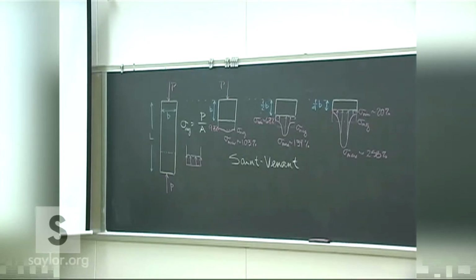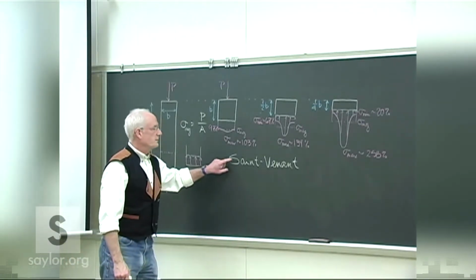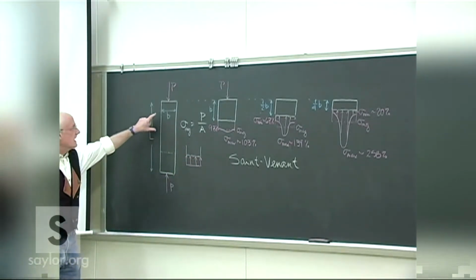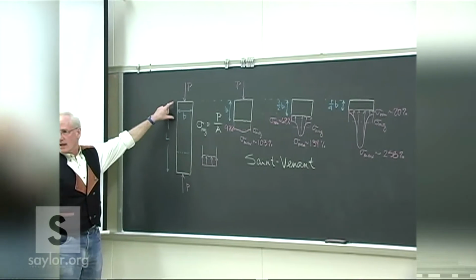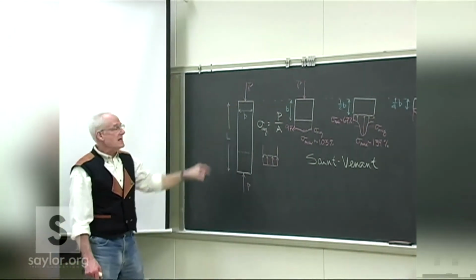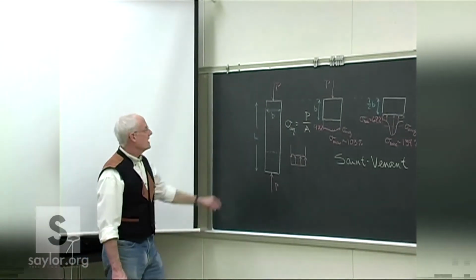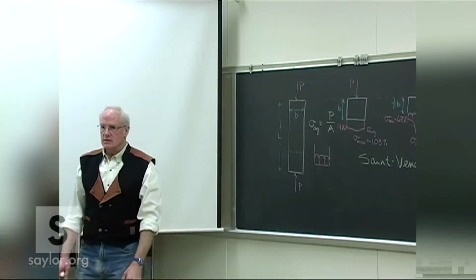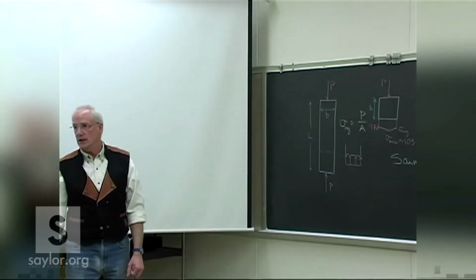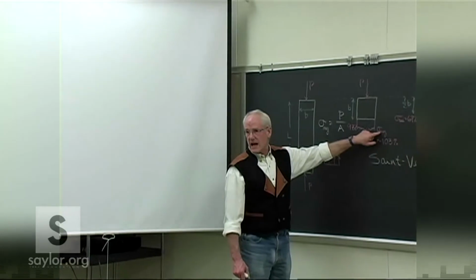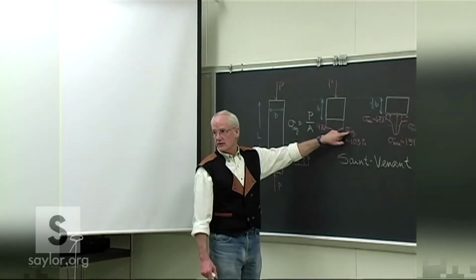Somewhere in the 1700s, he addressed this by saying that once we're a minor length past the location of these point loads, then the stress distribution is essentially uniform, and it's more than sufficient to use the average stress levels there.